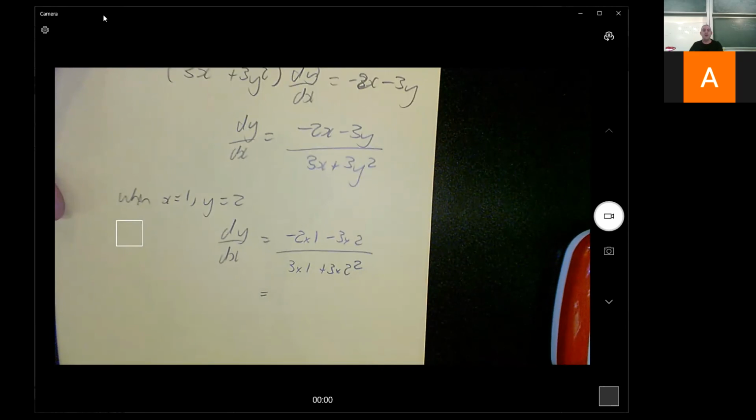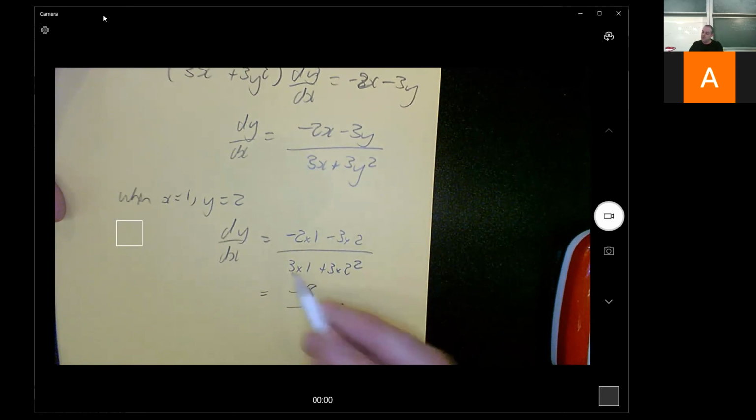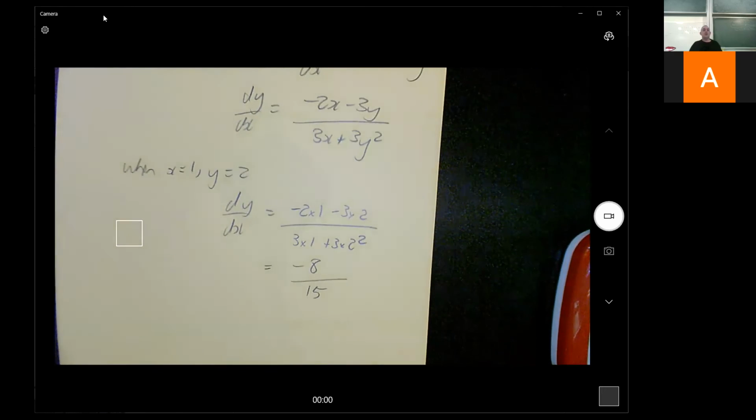So you use both the value of x and the value of y to figure it out. So what's that? That's minus 2 minus 6, so minus 8 over 3 times, that's 15. So that's what it is.